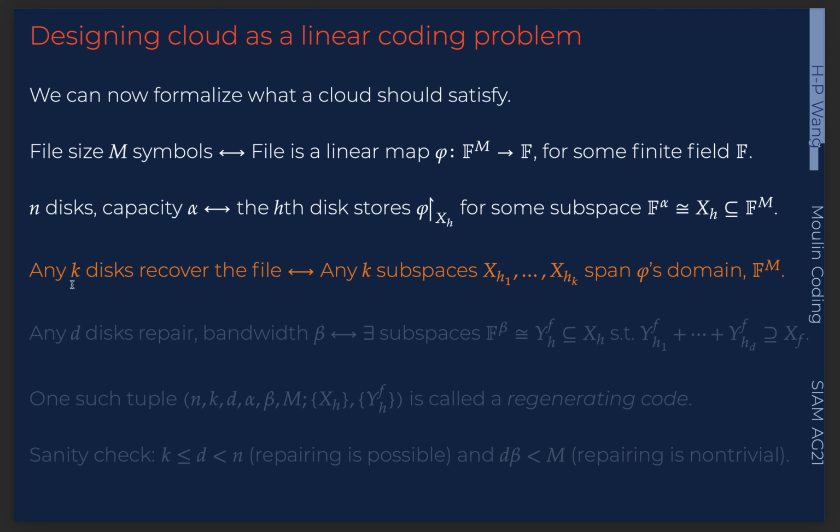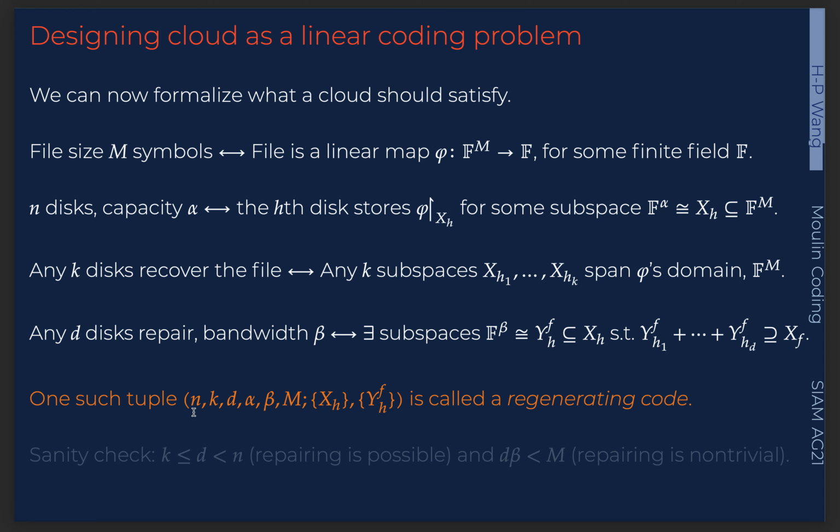The fact that any k disks recover the file means that for any k subspaces X_h1 through X_hk, they span the domain of phi. The fact that any d disks repair with bandwidth beta means that there are subspaces Y_h,f that are beta-dimensional and such that Y_h1,f plus through plus Y_hd,f contains X_f.